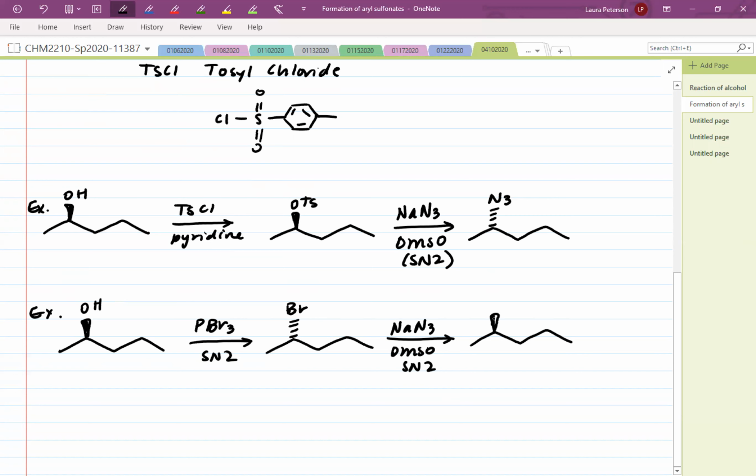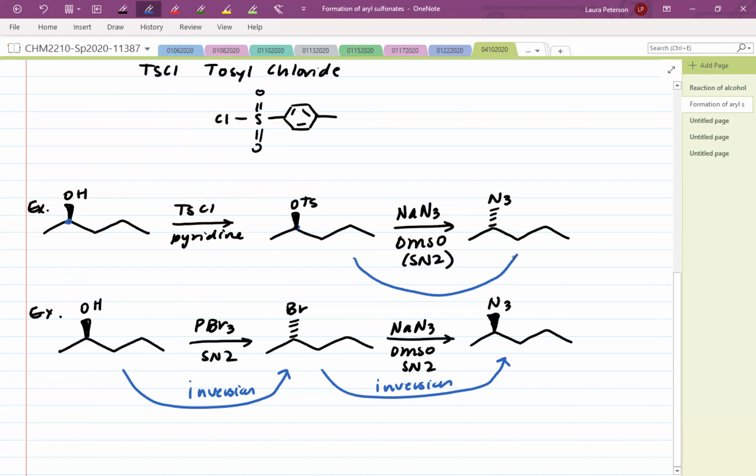This double inversion affects the stereochemistry to look like retention from the original starting material, but it's because I have inversion and then inversion again. In the first example, making the aryl sulfonate, I didn't touch the stereochemistry at the carbon that bears the OH, so I only had a single step that was inversion.